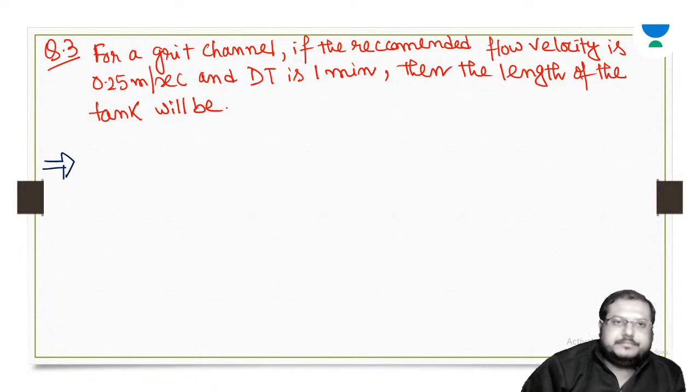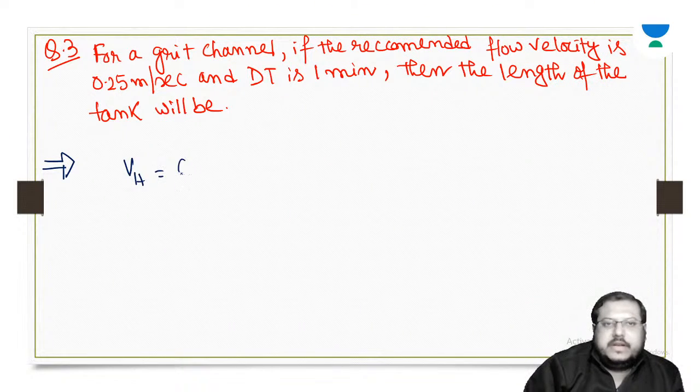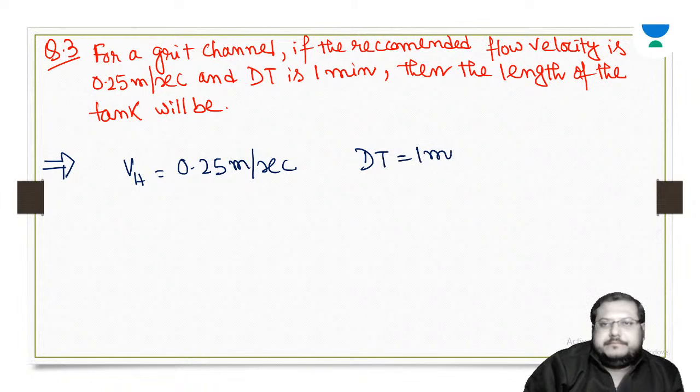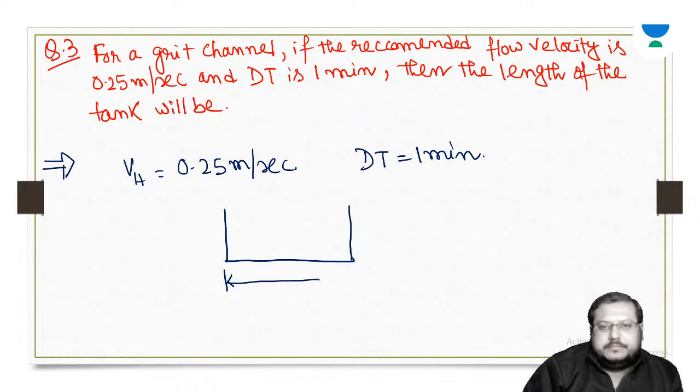For this question, recommended flow velocity VH is given as 0.25 meter per second. Detention time is 1 minute. So if this is the tank and this is your length, obviously this is your VH.